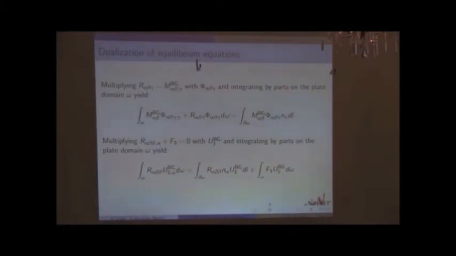This was something related to the rotation, which is the slope of the plate, or the slope of the normal fiber. So now the generalization of this equation is this one with this generalized rotation. I don't think I will have time to dwell too much on the mechanical meaning of this, but I can give you more details. It's pretty clear, there is not so much difficulty.